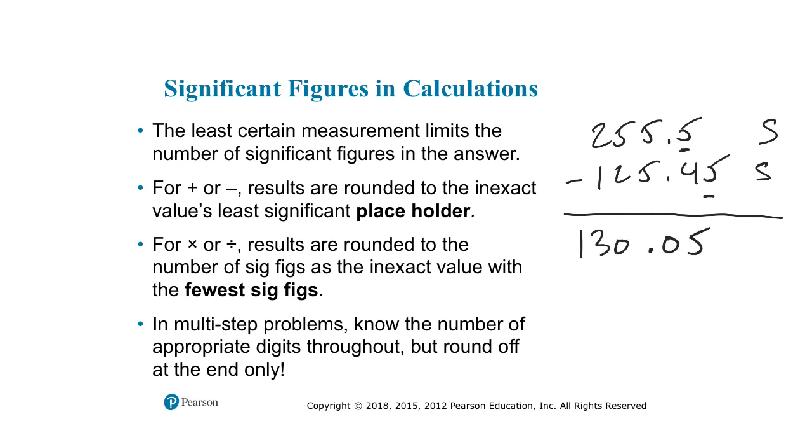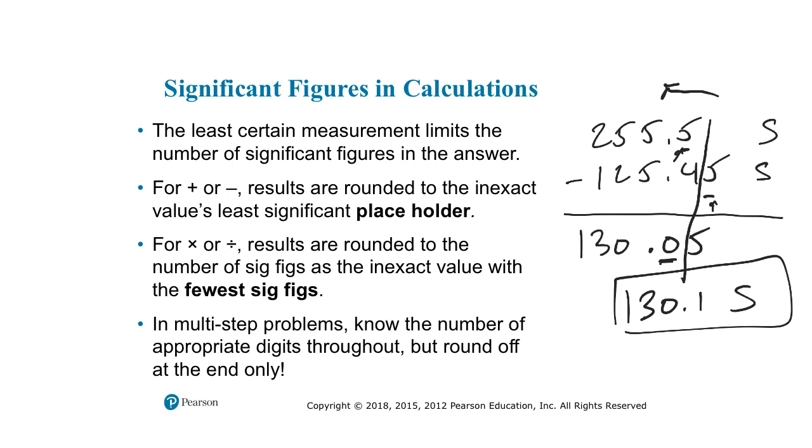What I have to do is look for the inexact value's least significant placeholder. The least significant placeholder is like the greatest quantity placeholder. The tenths placeholder is a greater quantity than the hundredths placeholder. So we need to round this to the tenths place, so I'm going to go 130.1 seconds.